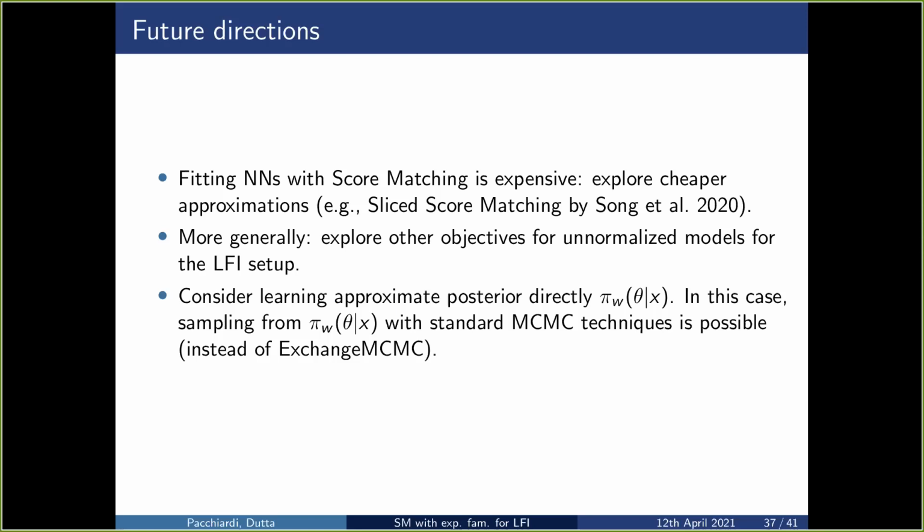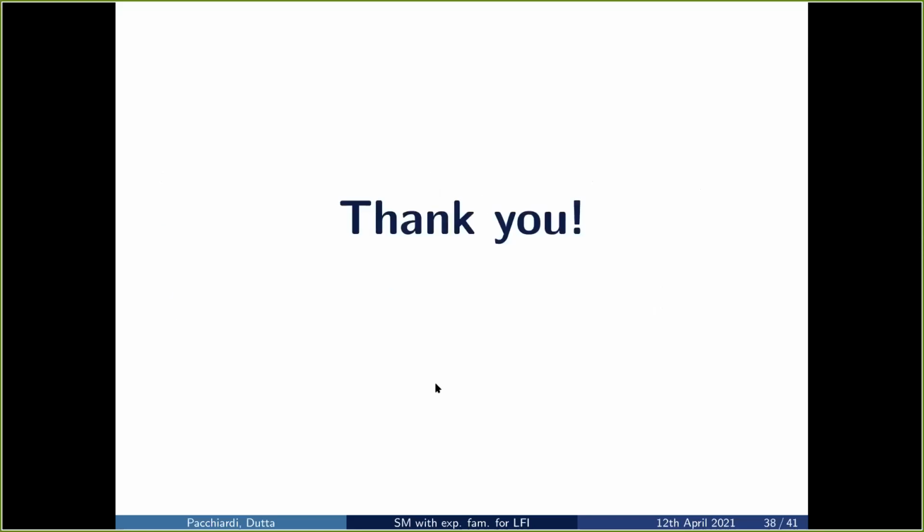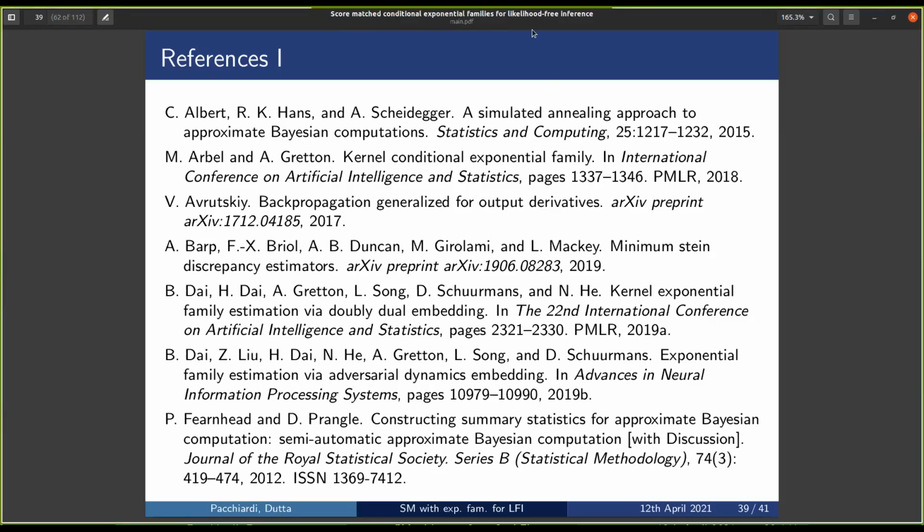In the Lorenz problem, we had to reduce the data space to the summary statistics space to be able to do the score matching. But if we do it on the posterior, we'll be working on the parameter space, which is generally small, and we should be able to do the score matching more efficiently. And saying that, I conclude. Thank you for listening.